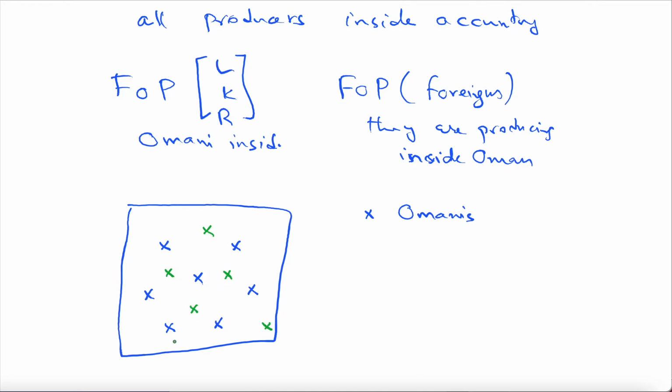Land, labor, capital of other countries. So non-Omanis. Okay? We don't care whether it is Omani or non-Omani. We are caring that they are producing inside the country. So we have some Omanis. This is another country. So this is country Oman.